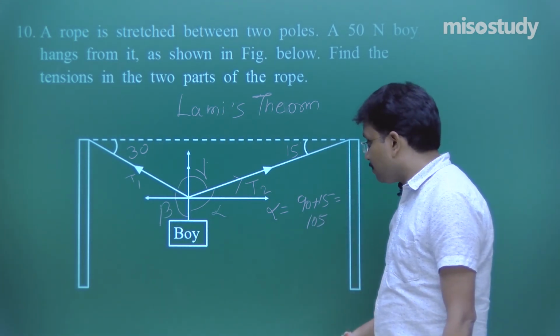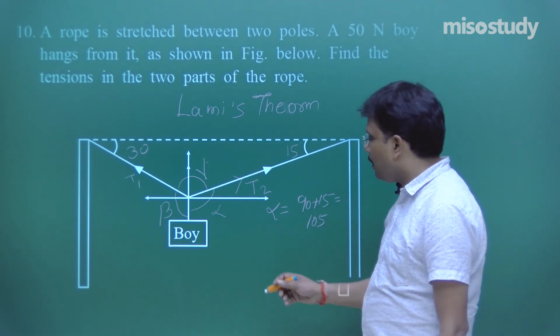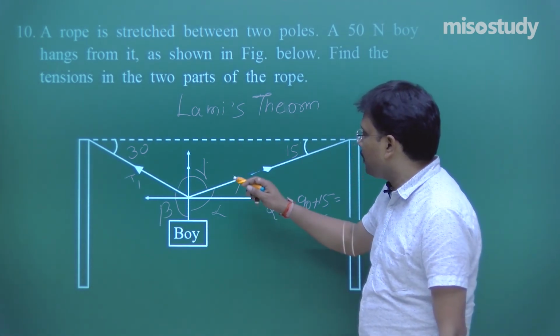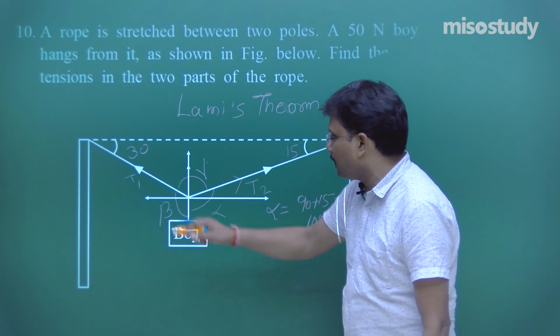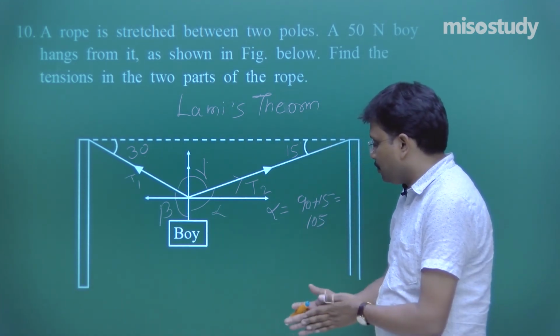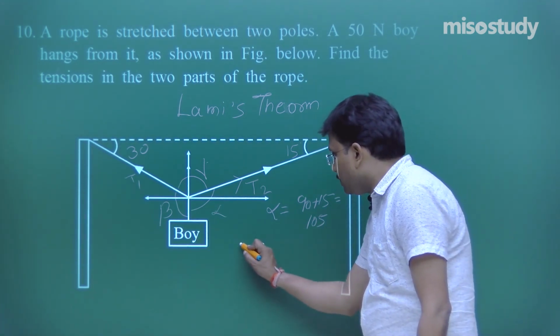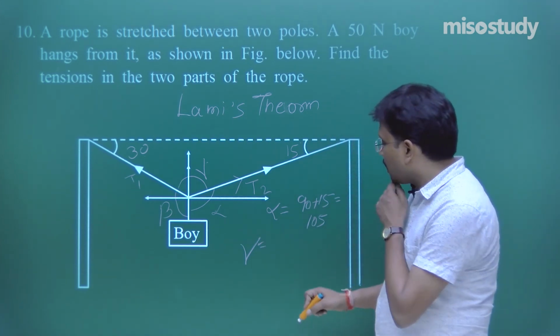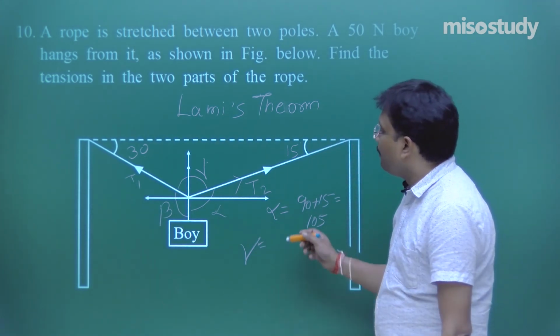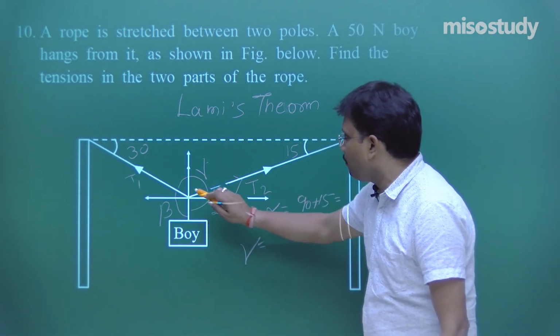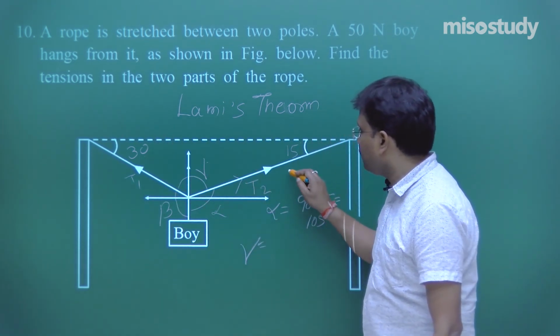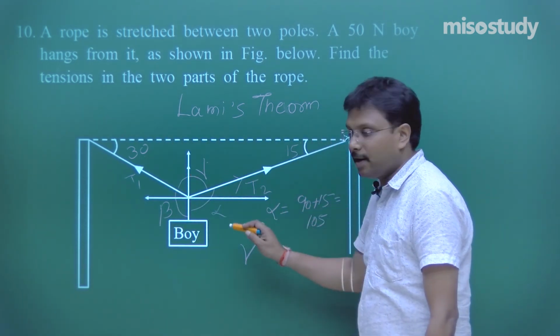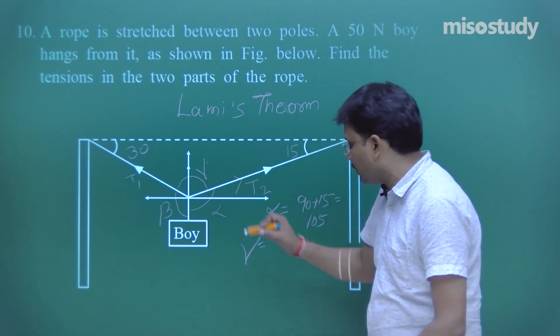Similarly, you can find beta. Beta is 90 plus 30, so that will give you 120. And then simply gamma is equal to 180 minus 45. Gamma means this plus this subtracted from 180, because the total angle is going to be 180.